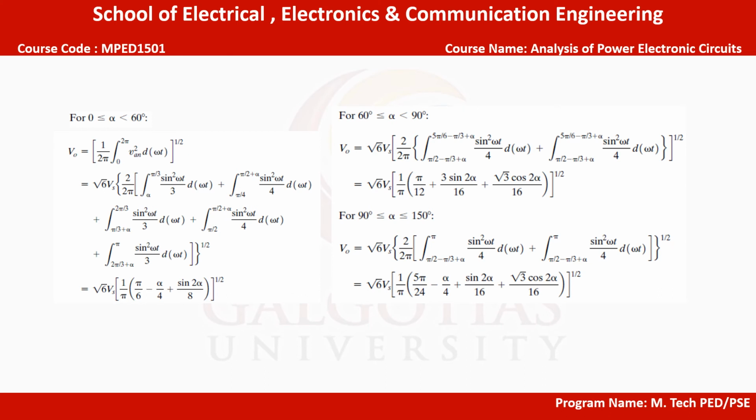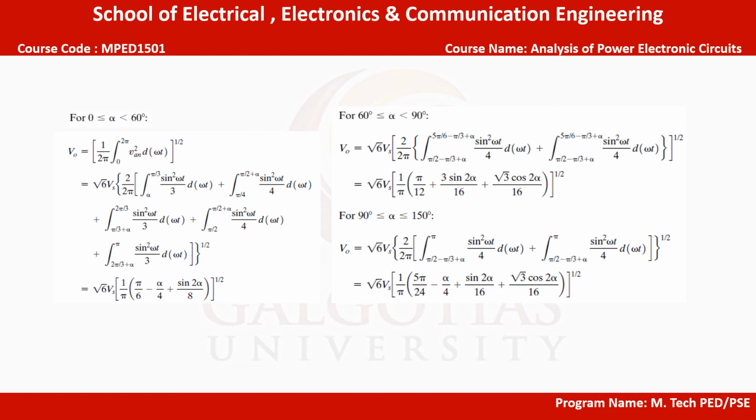For alpha greater than or equal to 60 degrees and less than 90 degrees, on substituting the value of voltage, we get V0 equal to under root 6 Vs under root of 1 upon pi by 12 plus 3 sine 2 alpha upon 16 plus under root 3 cos 2 alpha upon 16.